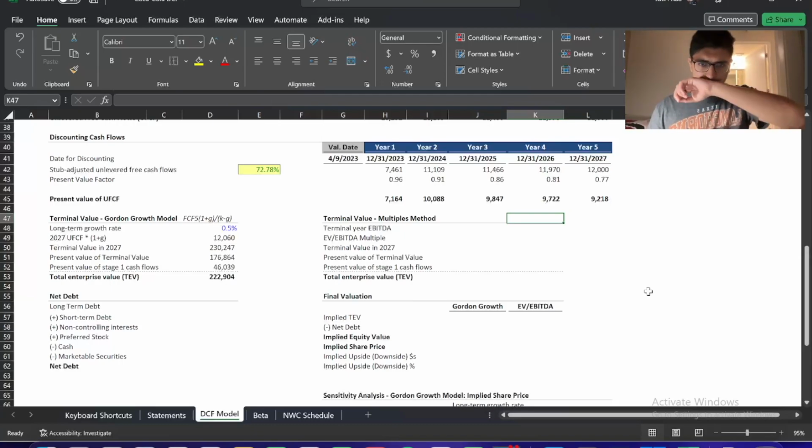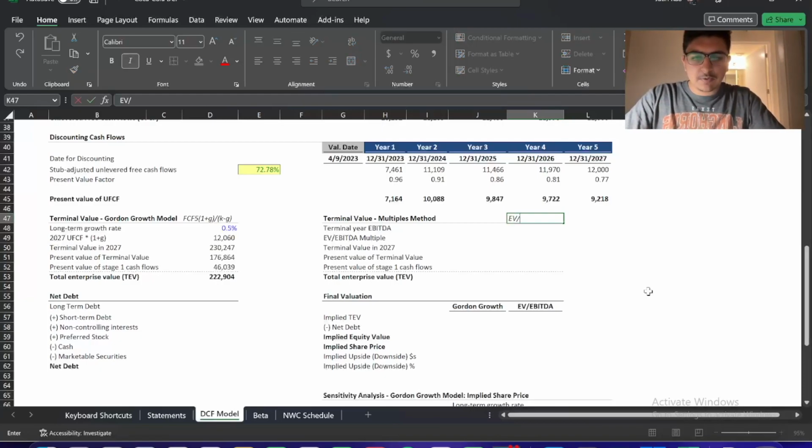And what you do is you look at the industry average EV to EBITDA multiple, and then you multiply Coca-Cola's last year EBITDA by that average multiple, and that will also get you the terminal value in 2027.